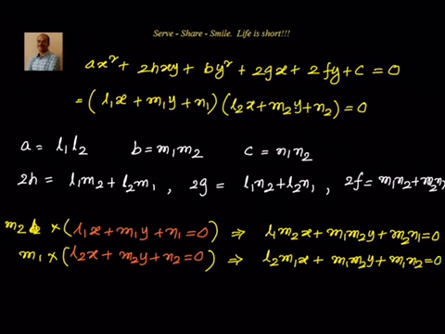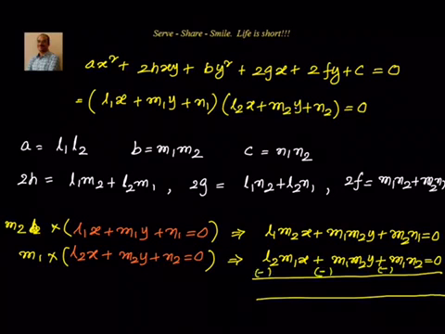Now let us subtract so that we can find the value of x. When I subtract, the signs change. Now these two terms cancel. I have (L1 M2 minus L2 M1) into x plus M2 N1 minus M1 N2 is equal to 0.